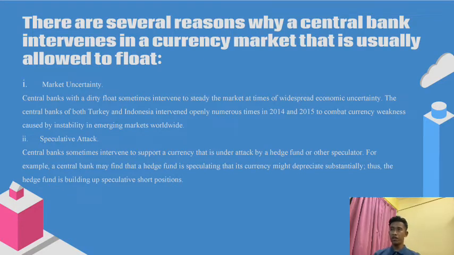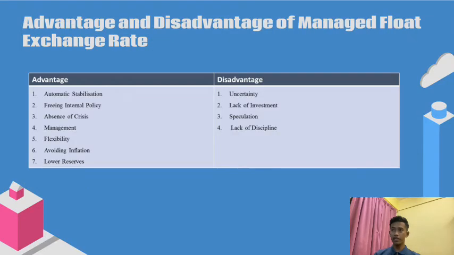For example, if a country suffers from a deficit in the balance of payments, then other things being equal, the country's currency should depreciate. This would make the country's exports cheaper, thus increasing demand, while at the same time making imports expensive and decreasing demand.